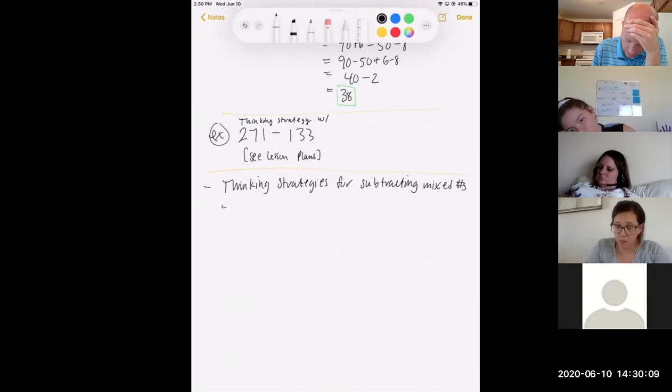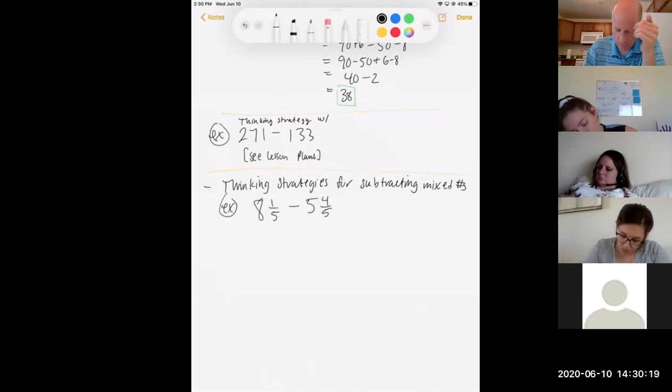Okay. So our example is 8 1/5 subtract 5 4/5. When you're subtracting fractions, you want to find a common denominator. So I've already begun with the common denominator. And so first thing is find common denominator if they're not common.